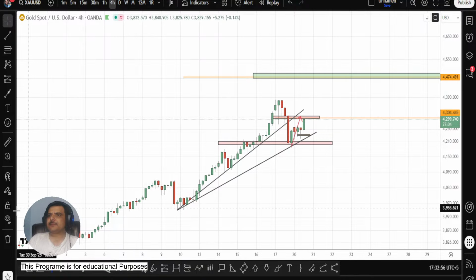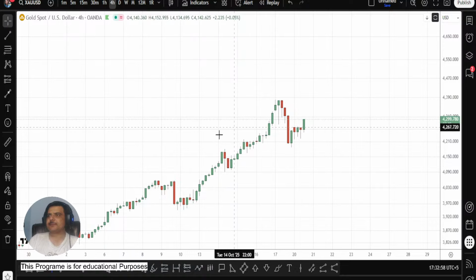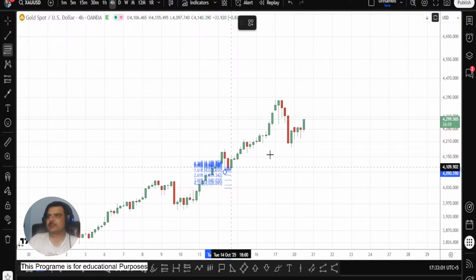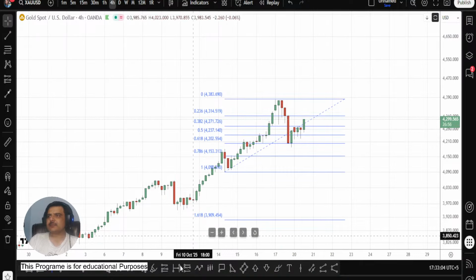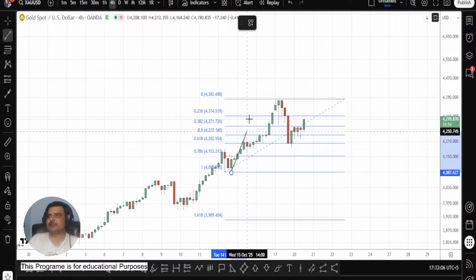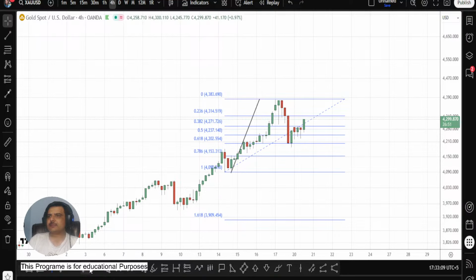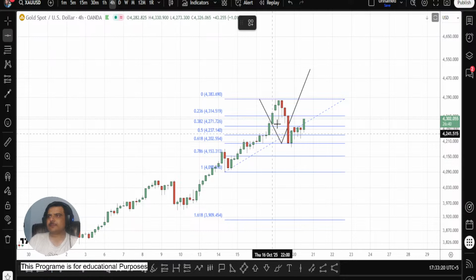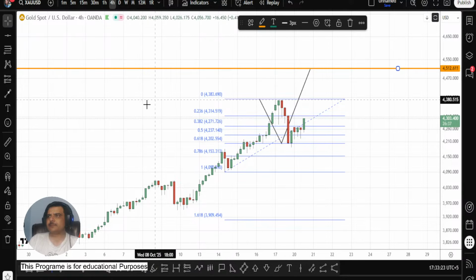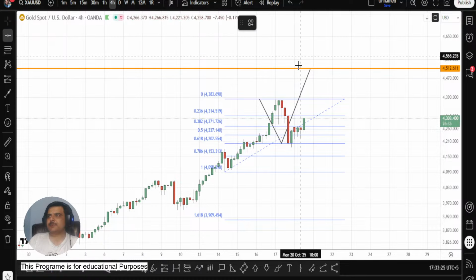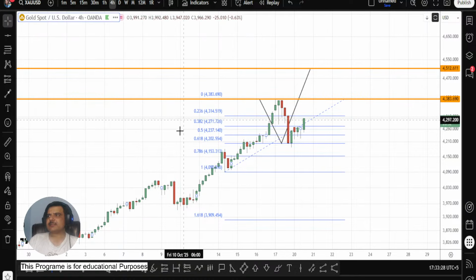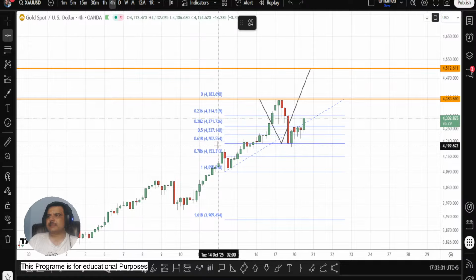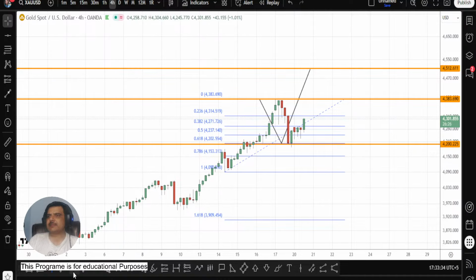From here till here. Let me do it again for all of you, the simple way. This is what it is showing. That is our resistance. This is also our resistance. This is our support, and this is our other support.